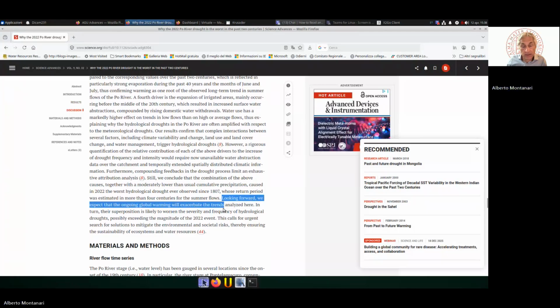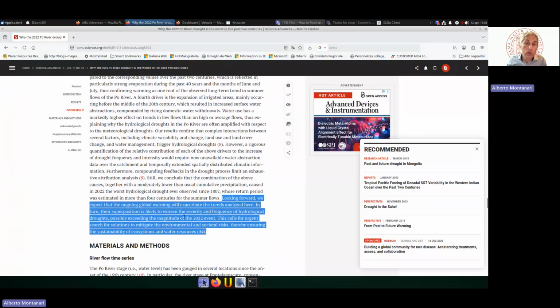And then here we conclude by saying that looking forward, we expect that the ongoing global warming will exacerbate again the trends analyzed here. In turn, the superposition is likely to worsen the severity and frequency of hydrological droughts, possibly exceeding the magnitude of the 2022 event.